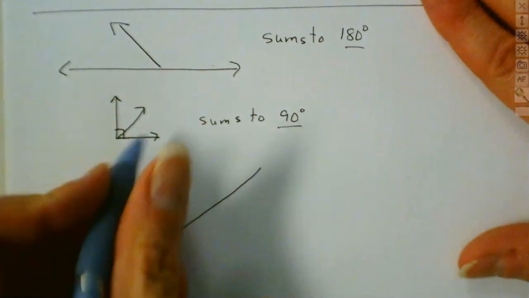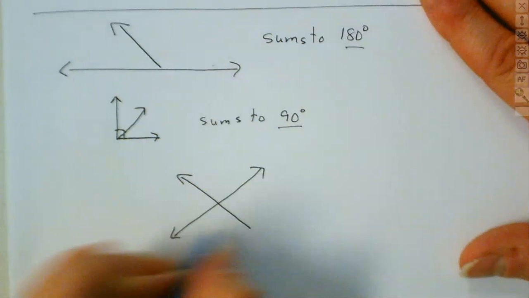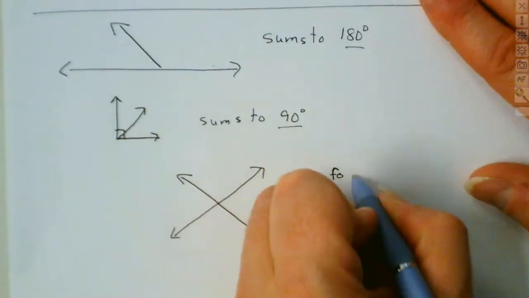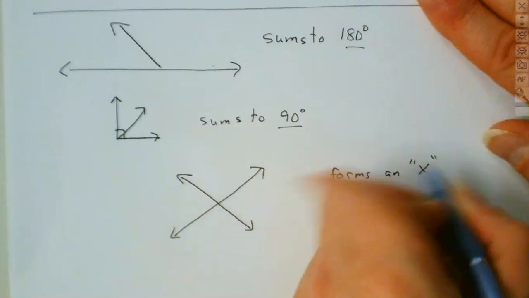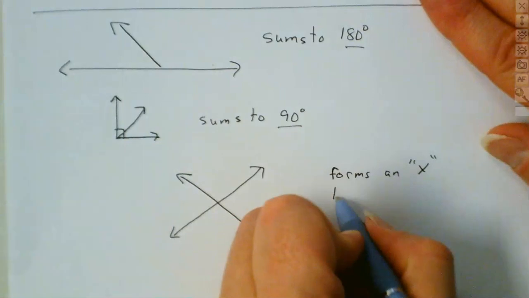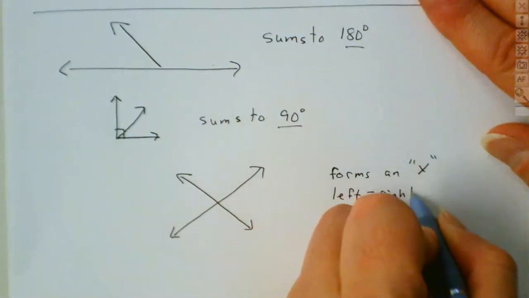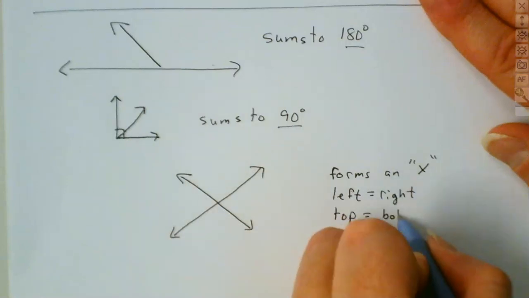If they form an X like this, the left equals the right, and the top equals the bottom angle.